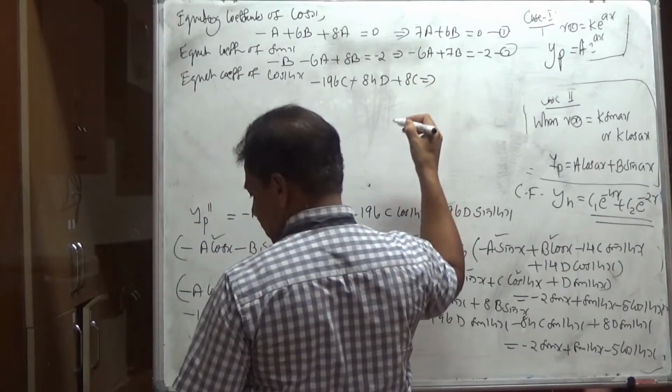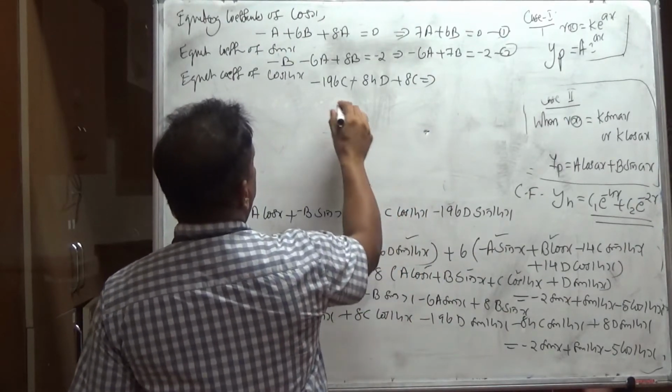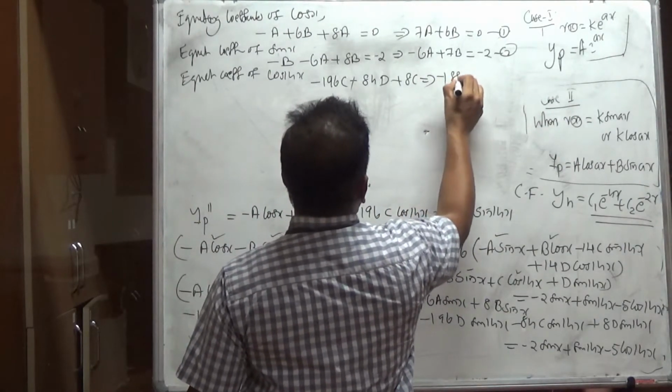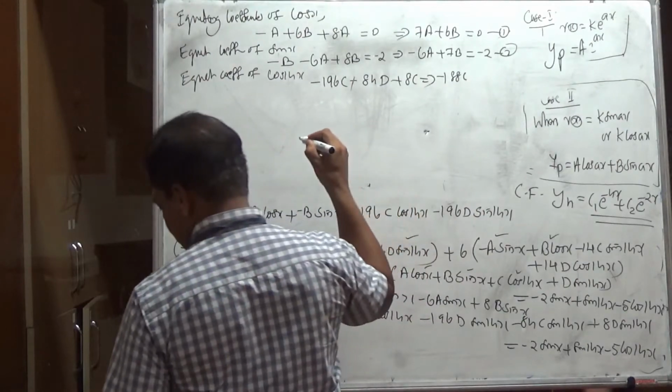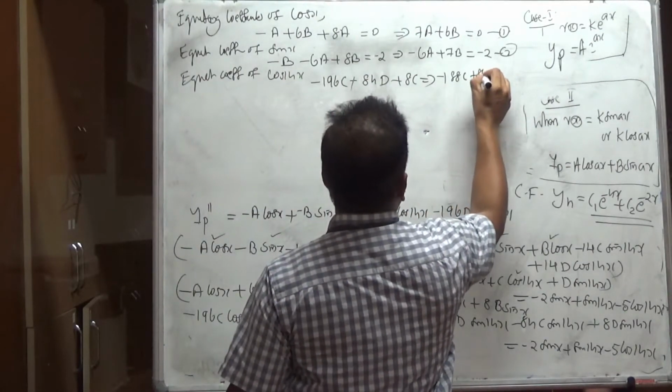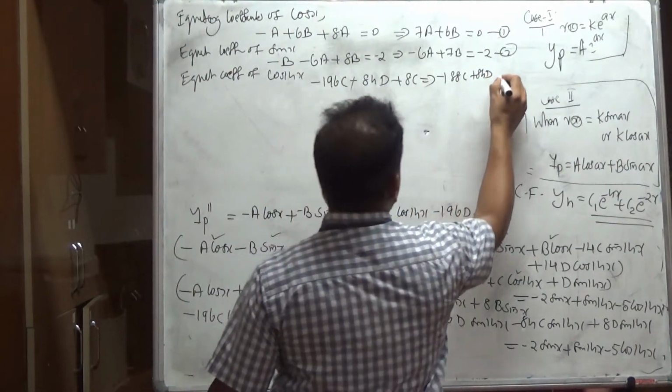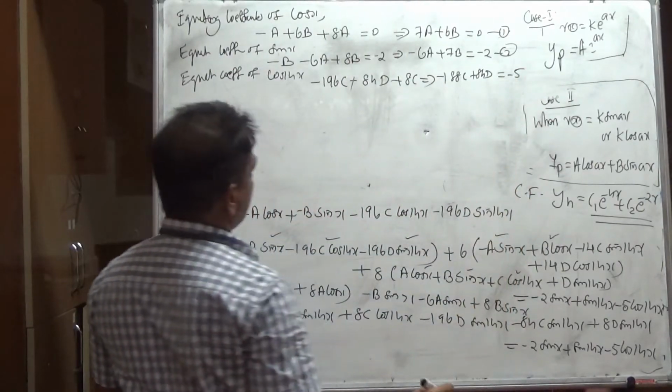That gives minus 188c plus 84d, and the right hand side is minus 5. This is equation 3.